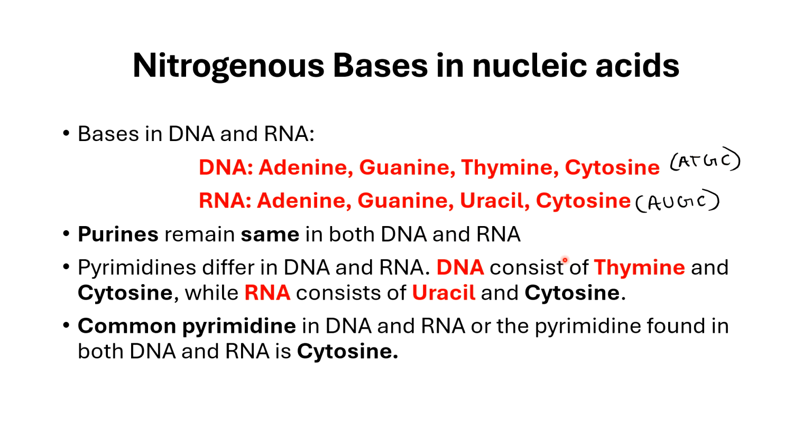So what is different? Pyrimidines differ in both the nucleic acids. DNA contains thymine while RNA contains uracil. And cytosine is the common base which is present in both DNA and RNA.